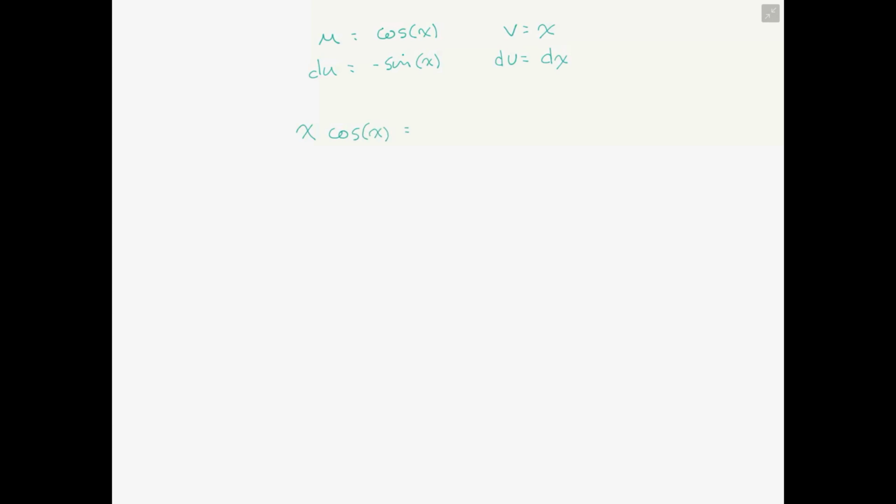So we use uv equals the integration of u dv plus the integration of v du.